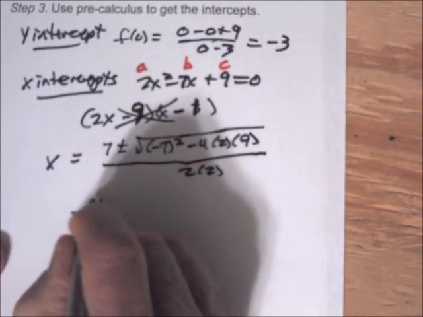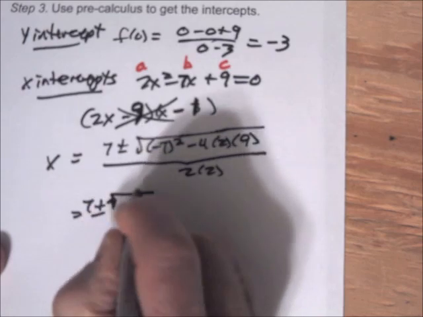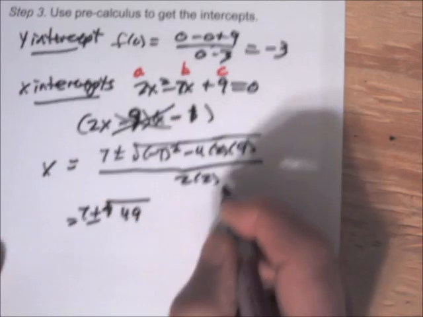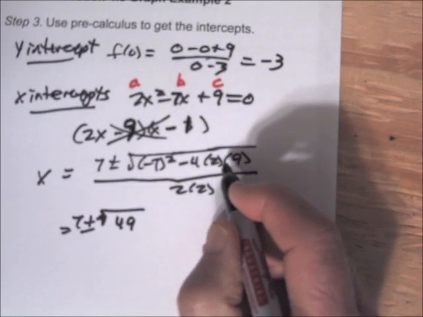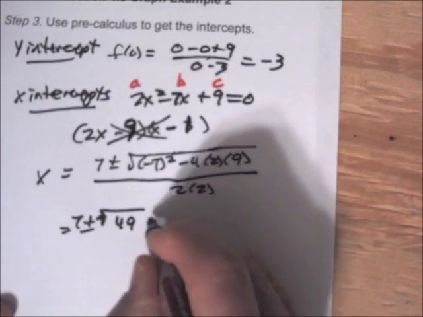So 7 plus or minus the square root of 49, minus 4 times 2, which is 8, times 9, which is 72.